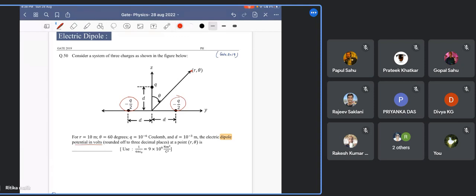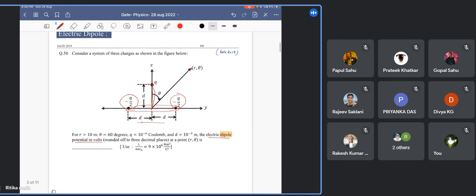These two charges, minus q by 2 and minus q by 2, are placed at a distance 2d. So together they form a charge combination of charge q placed at a distance d, and similarly you have a charge q placed at a distance d. This kind of combination makes a figure very much like an electric dipole.